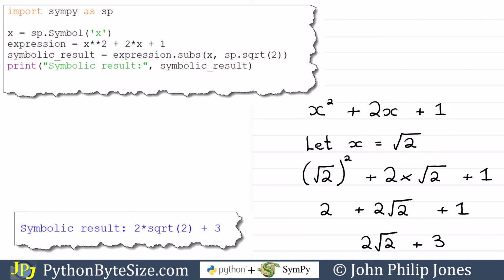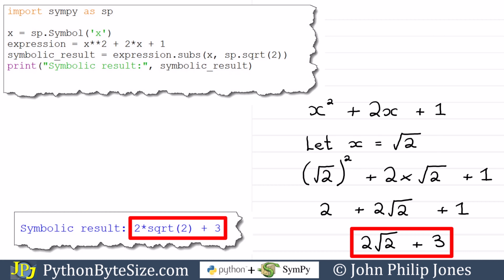In the programming language, for this expression, which was defined on this line, which is x squared plus 2x plus 1, I've substituted the square root of 2 in place of the x, the same as I did here. So hopefully you can see the parallels between the mathematics and the programming language and look at the results, and you can see that they are the same, although they look a little different.